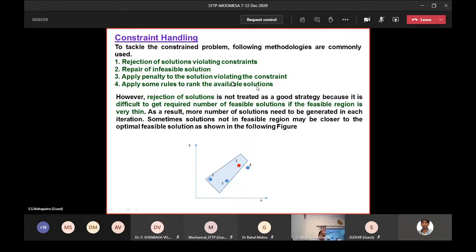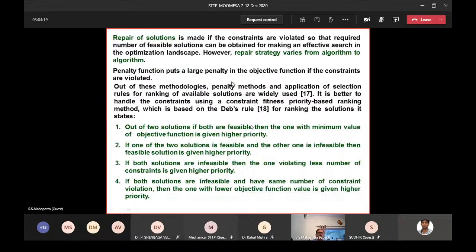Then the fourth method is that I apply some rules to rank the available solutions, and we rank the solutions based on the violation of the constraint. Basically we use Deb's rule. Deb's rule says that out of two solutions, if both are feasible, then the one with the minimum value of the objective function is given higher priority.